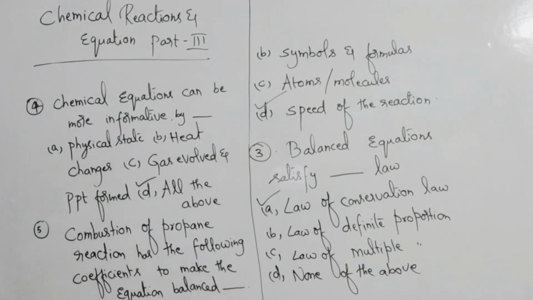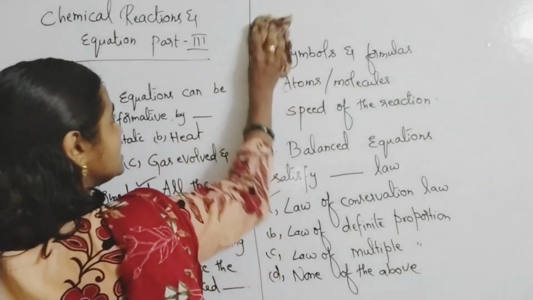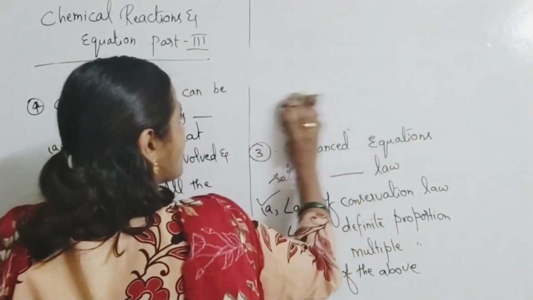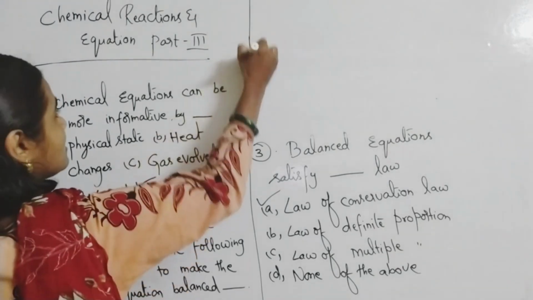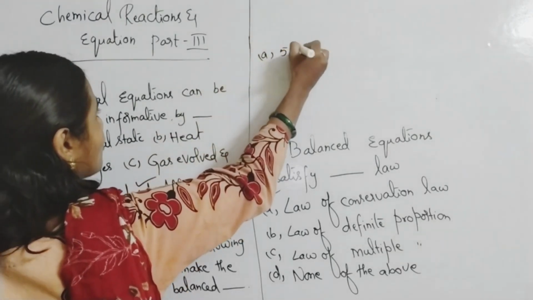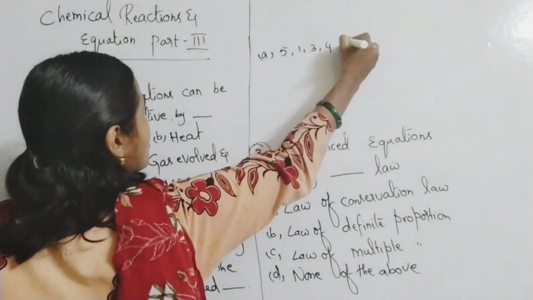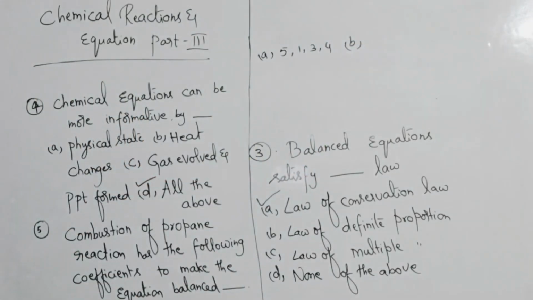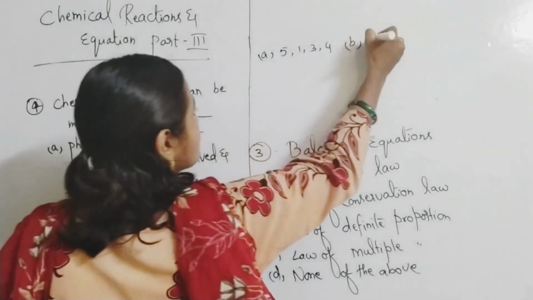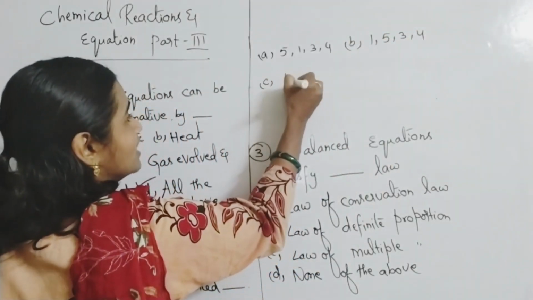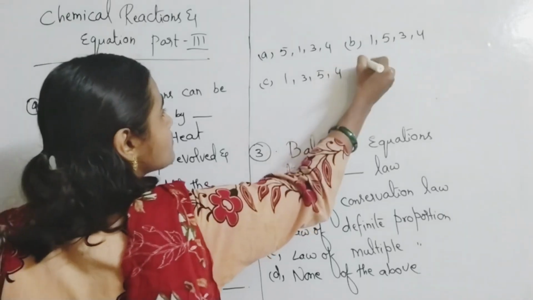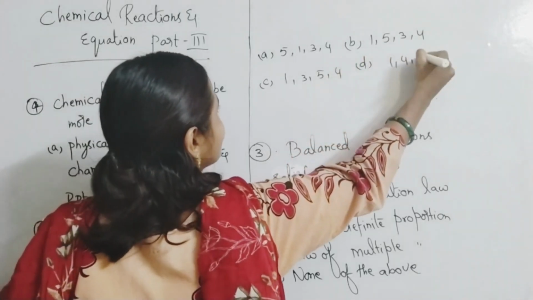What coefficients do you need to take to make it a balanced equation? If you see the options, you will understand the question totally. Option A 5, 1, 3, 4. Option B 1, 5, 3, 4. Option C 1, 3, 5, 4. Option D 1, 4, 5, 3.